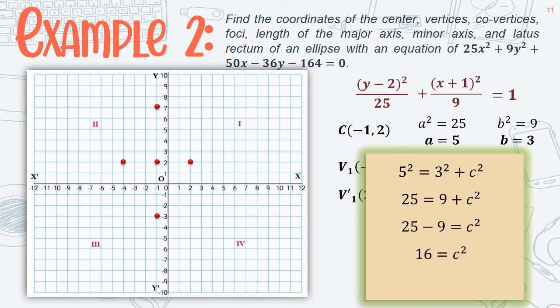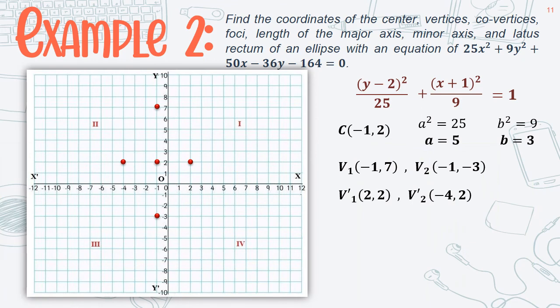Let's extract the square root of both sides. Therefore, c is equal to 4. So the focal length is equal to 4. To get the foci, we can count 4 units upward and downward from our center. Therefore, the coordinates of our foci are (-1, 6) and (-1, -2). Those are our foci.